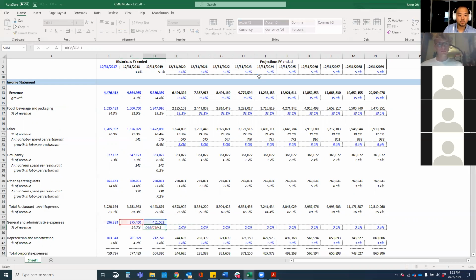It's going really fast. Okay, that's weird. I don't know why that's growing so fast. Okay, let's just do it as a percentage of revenues too.